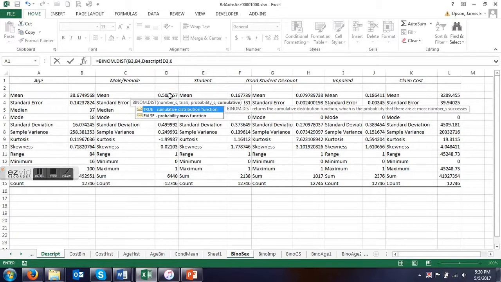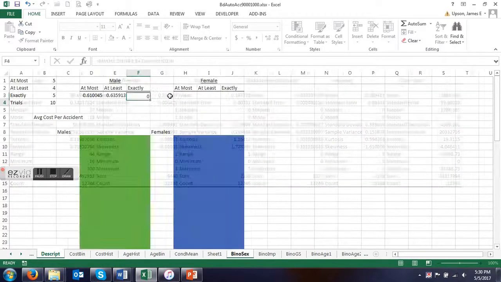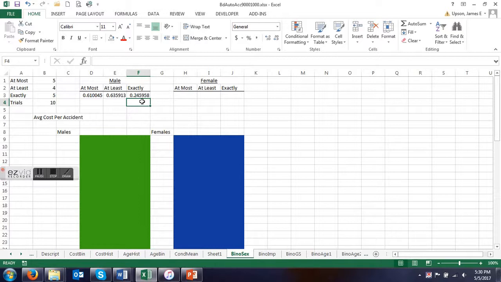And then finally we want a 0 because we're not interested in up to, we're just interested in that particular value. So there's actually only a 24% probability that we'll have exactly 5 accidents caused by guys, given that 50% of the accidents, in other words, on average half, are actually caused by guys.